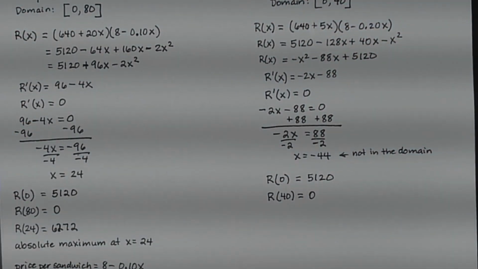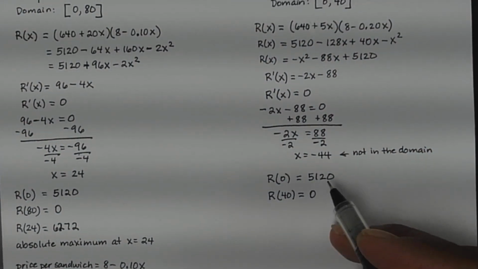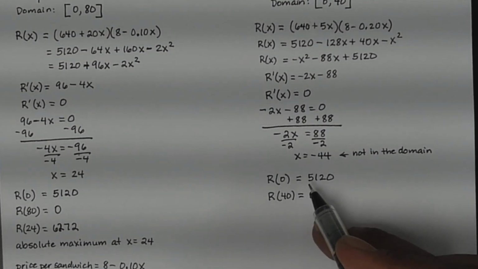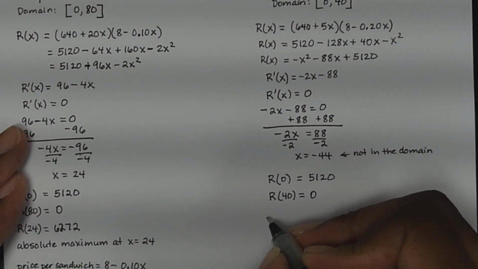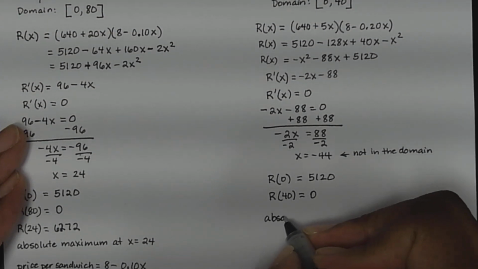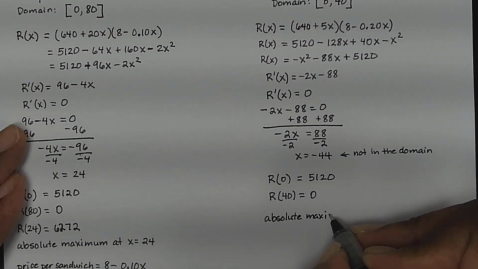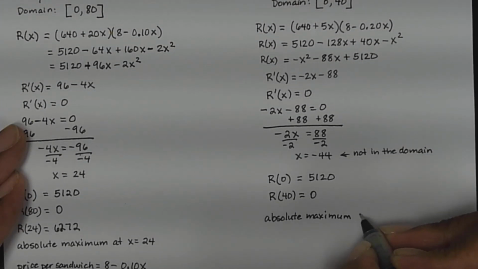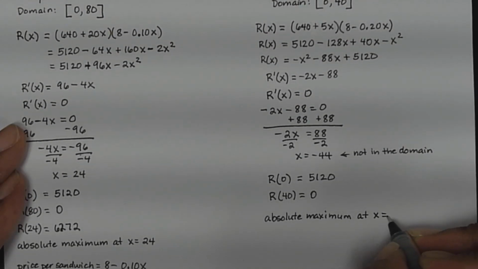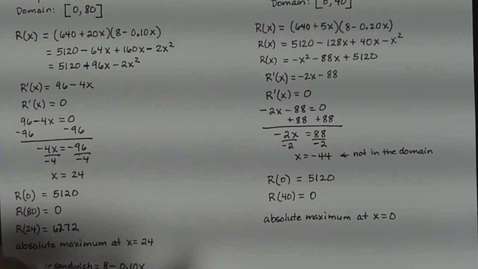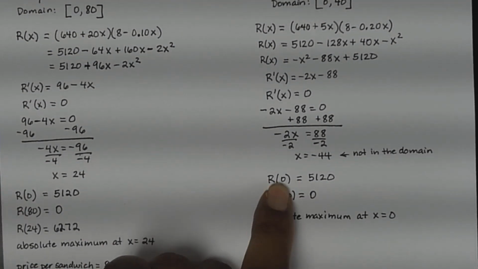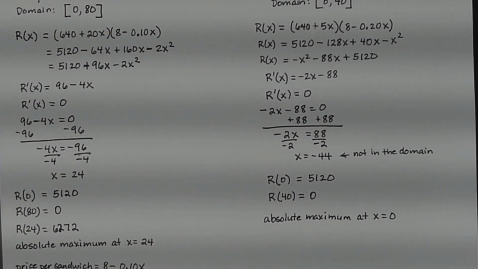So the larger of the two represents your absolute maximum, and it's going to be this 5120. So that means we have an absolute maximum at x is equal to 0. The absolute maximum is 5120, but it occurs at x equals 0.